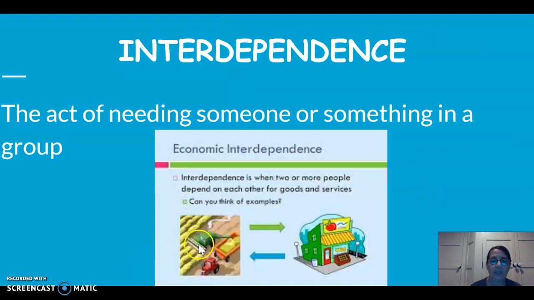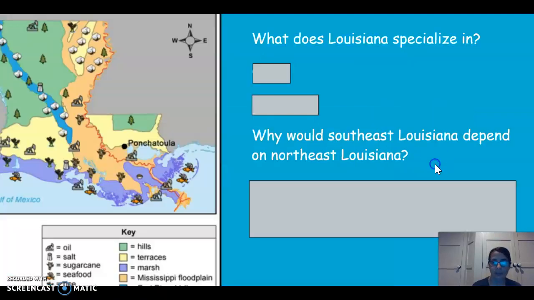So look at these farmers. The store or the market depends on the farmers to grow the crops. The farmers depend on the stores to buy those goods or those services. So they are dependent upon each other, something called interdependence.